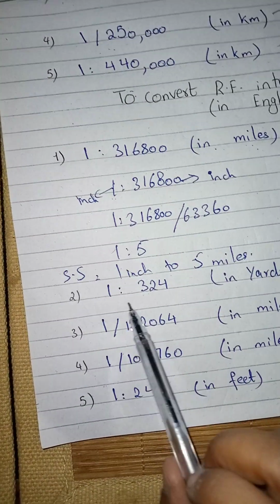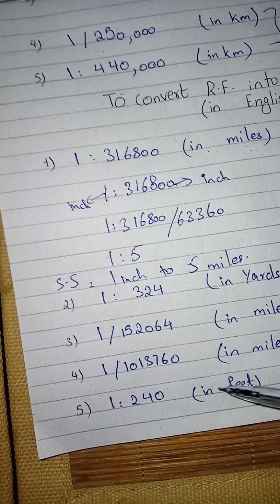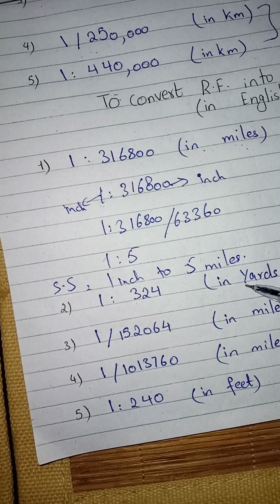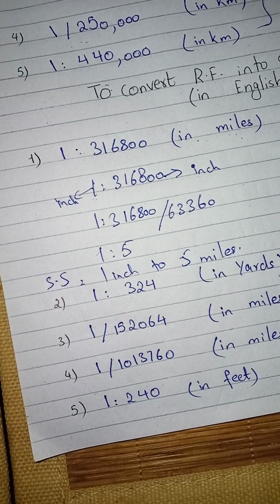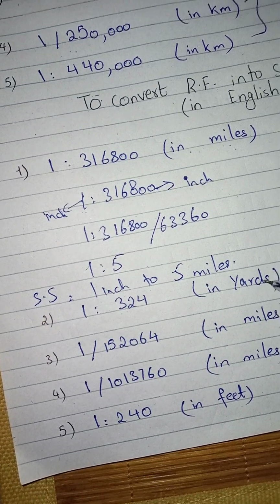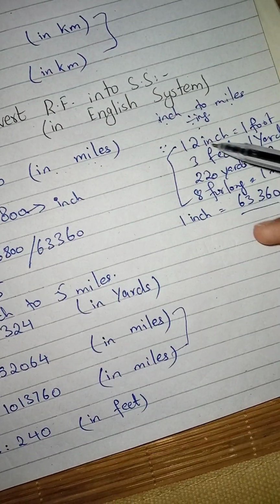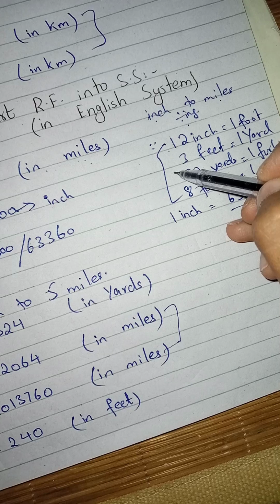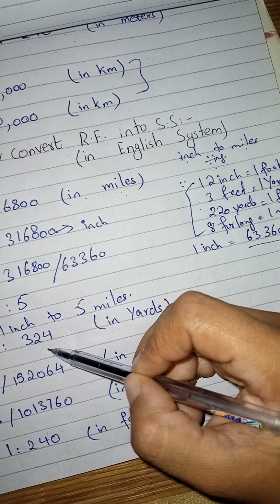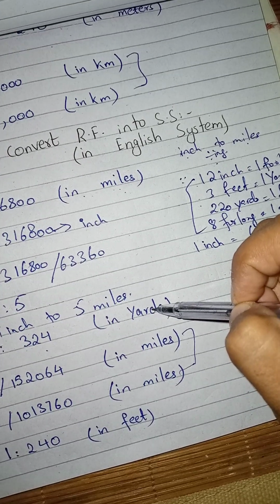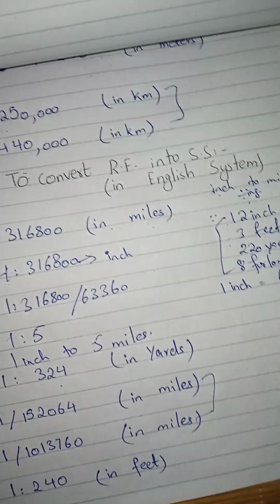Now you have this assignment to solve. I have given you different questions. You need to convert it into yards, same as in miles and in feet. For yards, a small hint is that you only need to multiply 12 by 3 and then divide the RF by this value. So you will get it in yards. Okay.